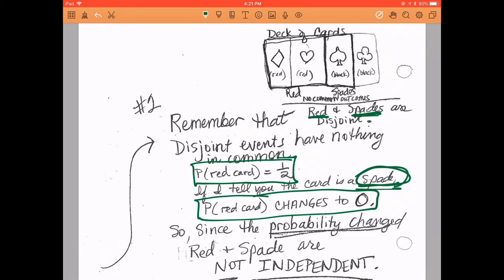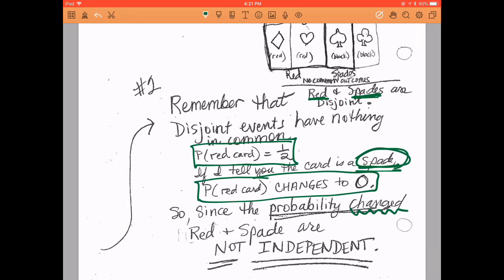So again, the fact that it's a spade changed the probability from 1/2 to 0, the probability of being a red. And now, by definition of independence, the probability has changed. So red and spade, which are disjoint events, are not independent.